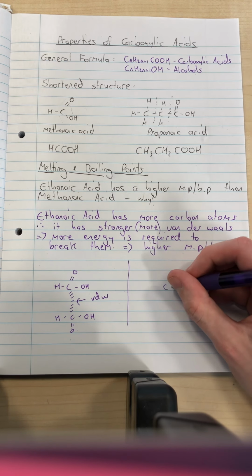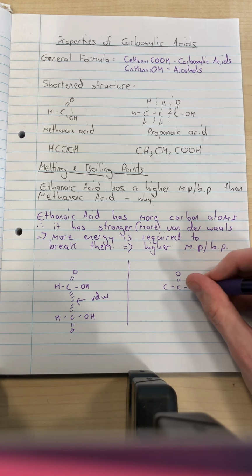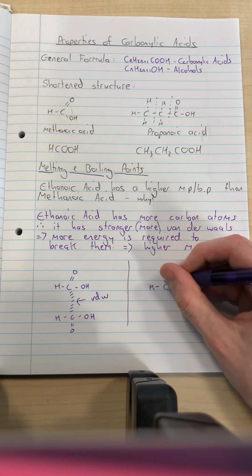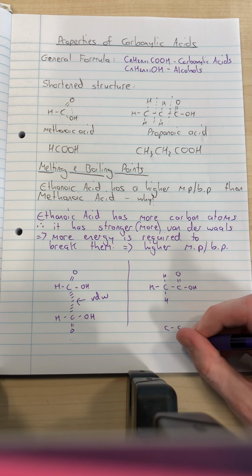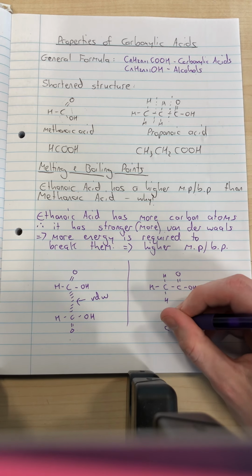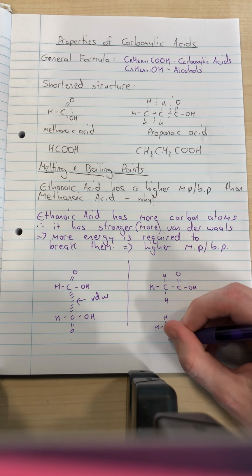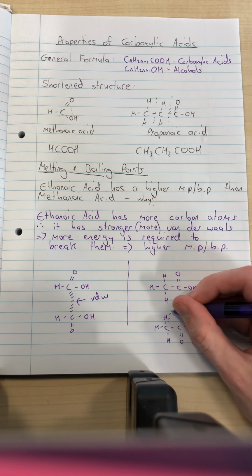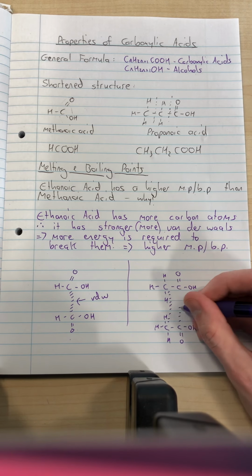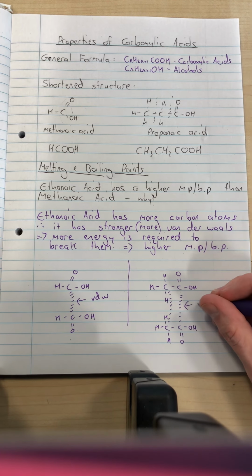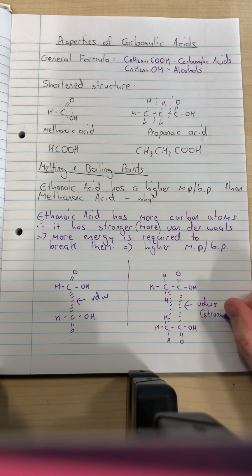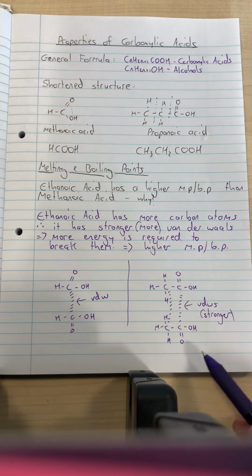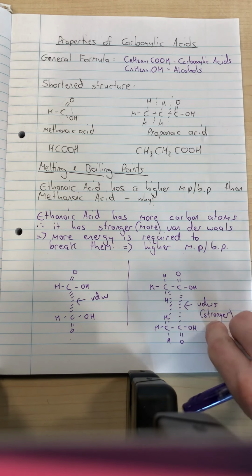However, if we draw ethanoic acid, what you'll notice is that we actually have more van der Waals. They're stronger. That's because we've got more carbons, and that makes sense, yeah?